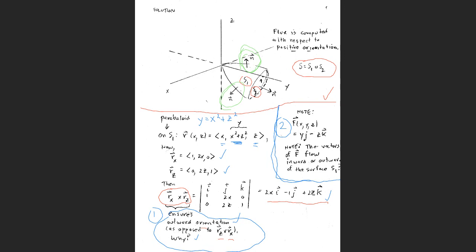And I know that r sub x cross r sub z is also going to give me vectors that go outward from the surface. How do I know that looking at the components? Which of these three components is telling me that this order for the cross product is correct? Is it the 2x, the -1, or the 2z?